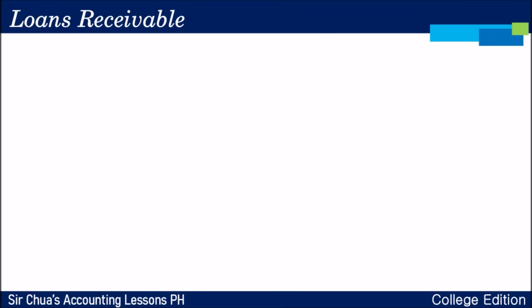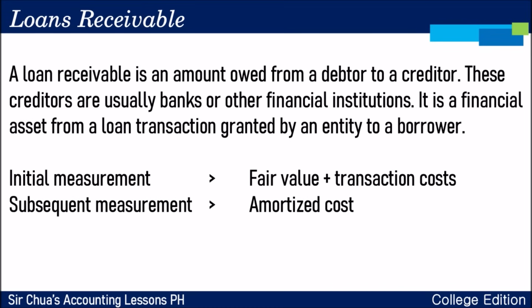Okay, and then we also have loans receivable. Nag-a-arise naman po ang loans receivable sa mga companies na, syempre, nag-e-extend ng loan. A loan receivable is an amount owed from a debtor to a creditor. Debtor, umuutang. Creditor, nagpautang. These creditors are usually banks or other financial institutions.